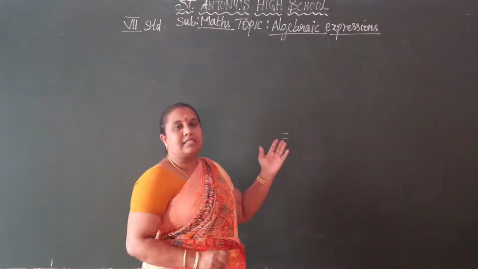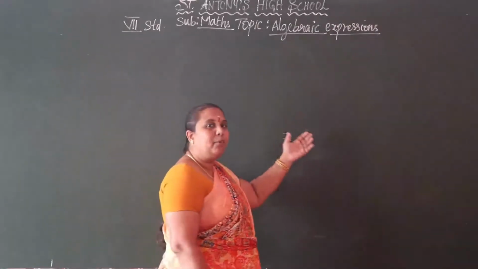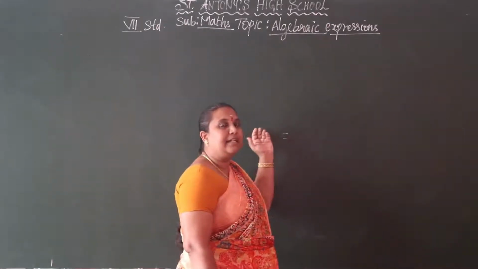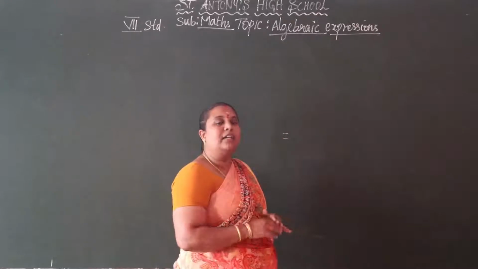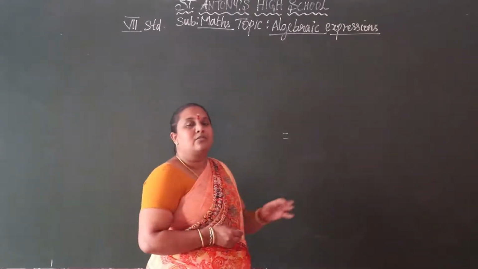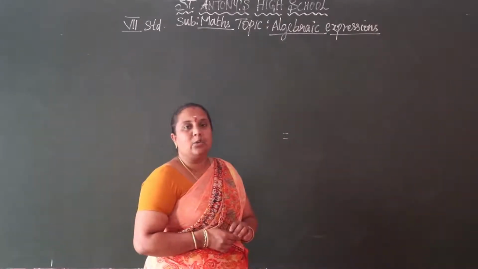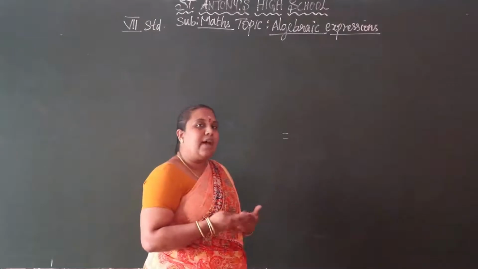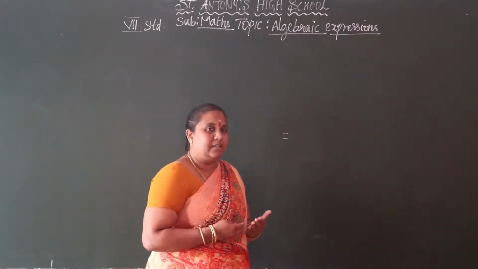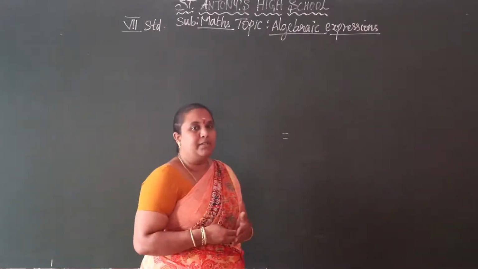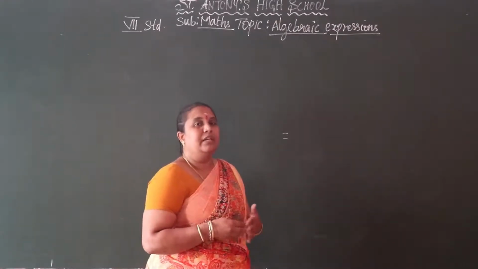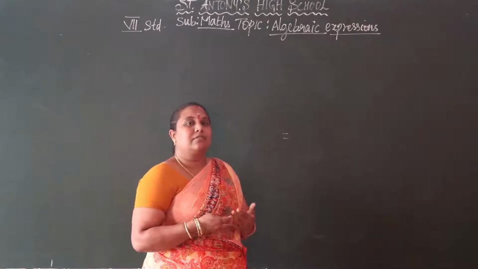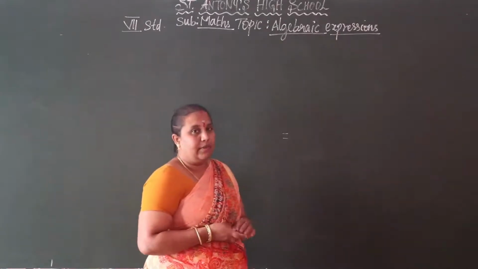This equal symbol represents that the left side and the right side of the equal symbol are equal. So that we can say it is an equation. Any value we substitute for the variable in an equation, that equation should be true.